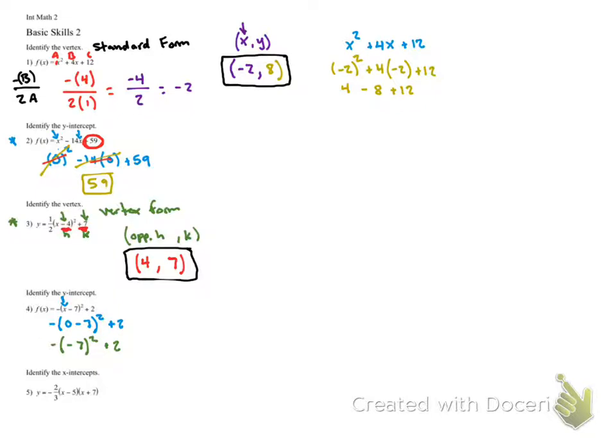So be careful of this double negative because order of operation tells us we have to do the exponent first. So what we're really looking at first is this negative 7 squared, which is a positive 49, plus 2. Let me go ahead and move this up here.